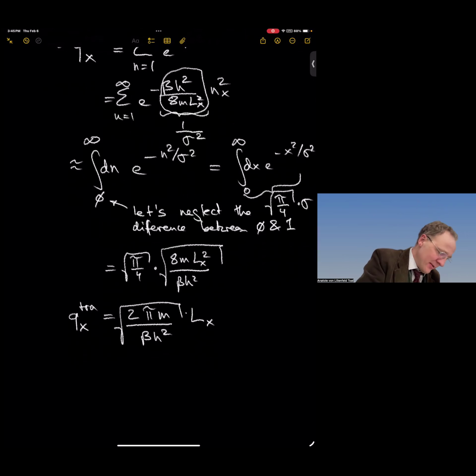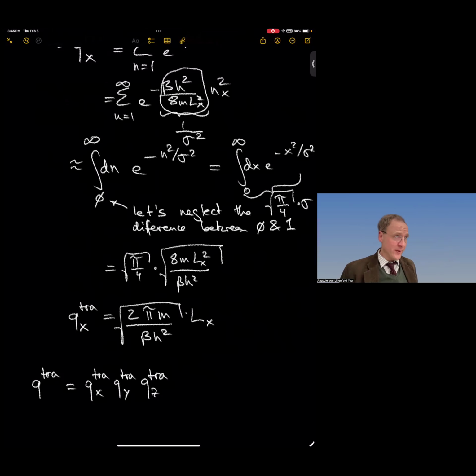Now, for the total translational one, I would need to repeat this in y and z, but there's no distinction between these dimensions. They are all energetically equivalent.